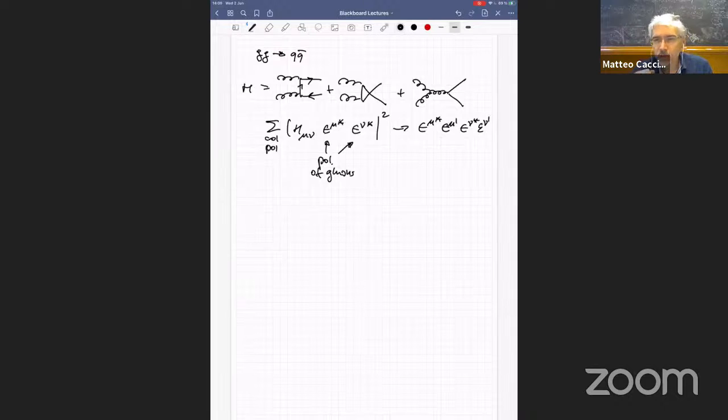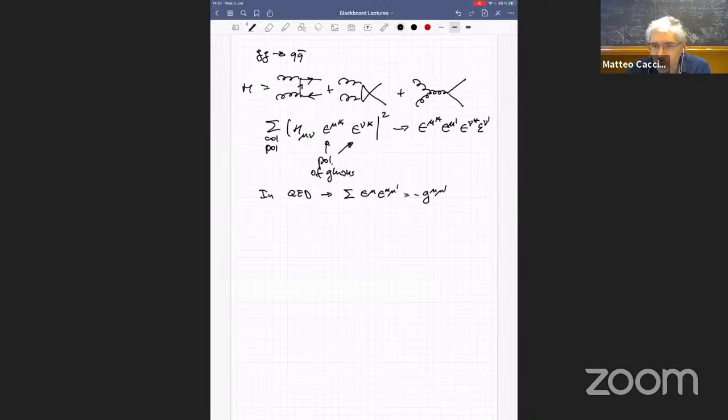Now, if you were doing QED, you would know how to deal with this. In QED, you would simply write that the sum over epsilon mu epsilon star mu prime is simply minus g mu mu prime.